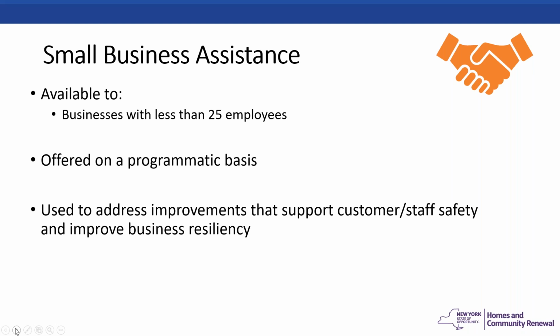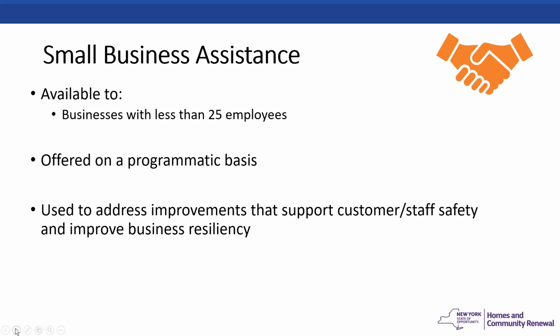For example, there could be a blended program of both micro enterprises and small businesses with 6 to 25 employees under the same application. It would operate under one program, drawing from the same pool of resources. Funds can be deployed to address improvements that support customer and staff safety and improve business resiliency related to future occurrences of the virus or other disasters. We can talk more about specific examples during the Q&A.